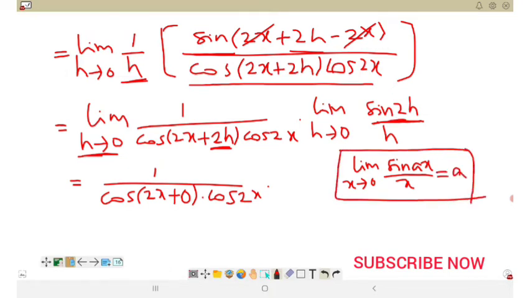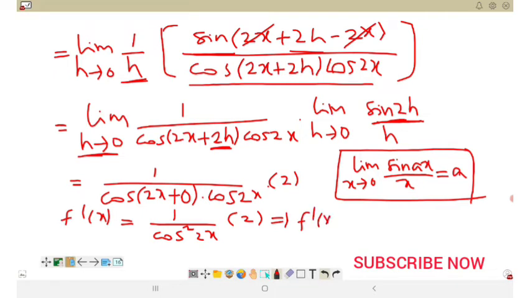So here a is equal to 2, into 2. So 1 by cos 2x into cos 2x, cos square 2x into 2. So f dash of x is equal to 2 into 1 by cos square, secant square, so 2 into secant square 2x.